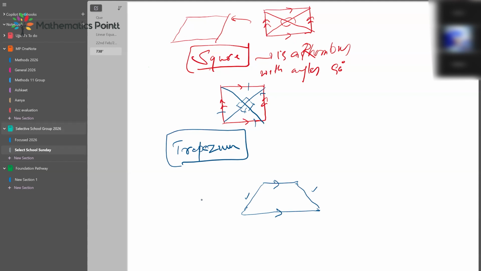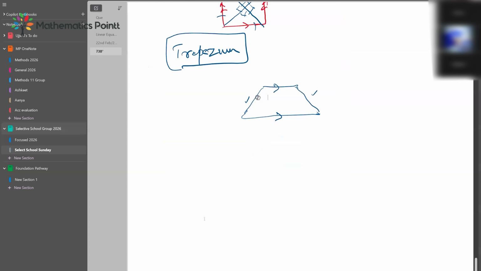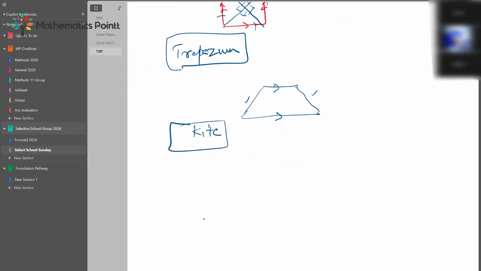And the last one is the kite. Kite is something like this. The property of kite is the adjacent sides are equal.